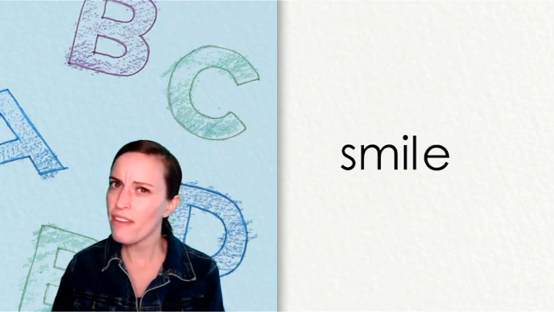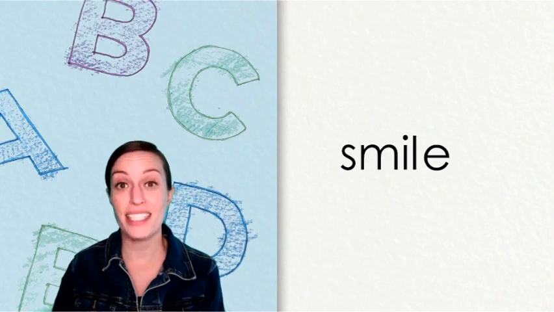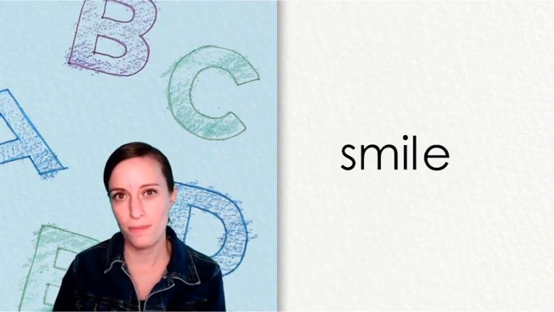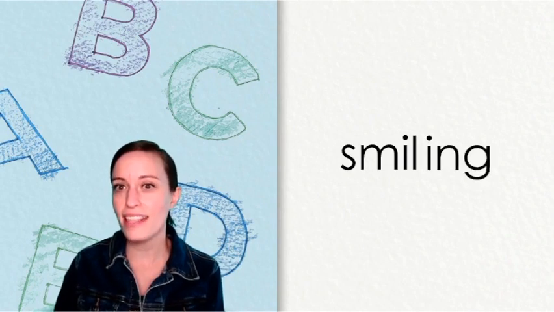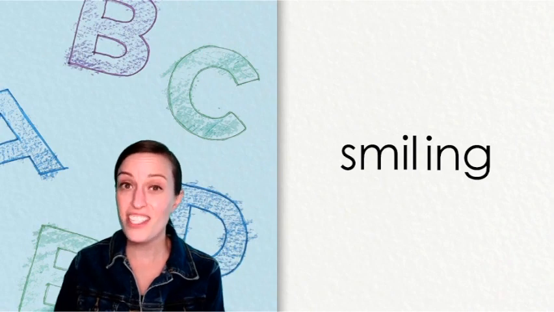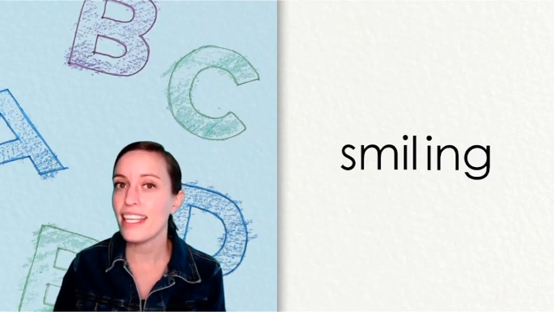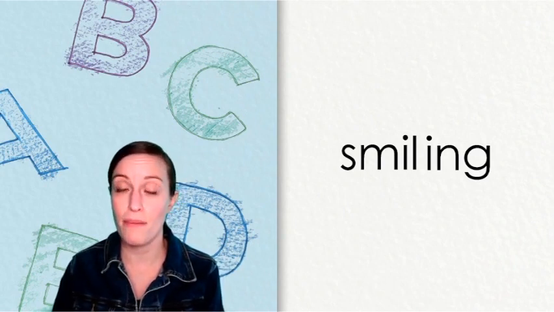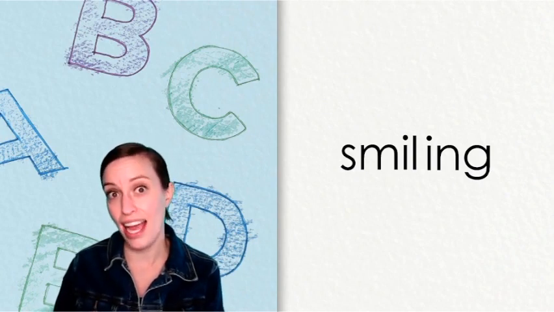Now, what if I want to change this base word to show that someone is smiling right now? I change it to the present tense by adding the suffix ing. The base word did change this time. I know that magic E is invisible because it's still telling the I to say its name, smiling. But we can't see that magic E when we add ing.